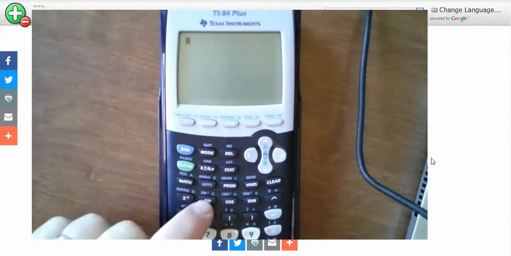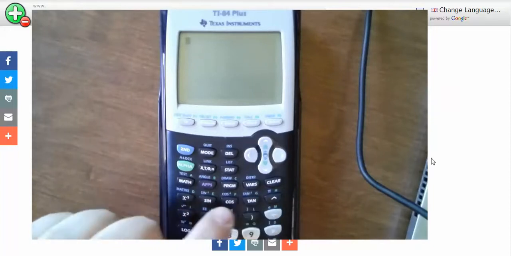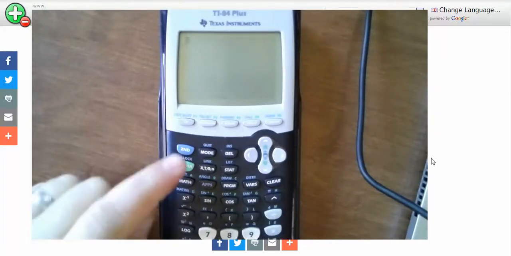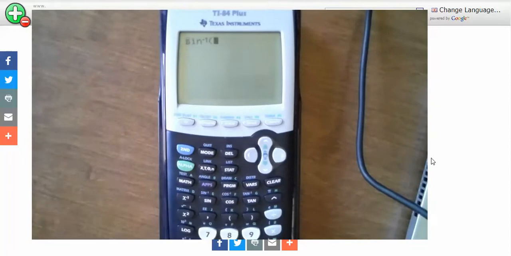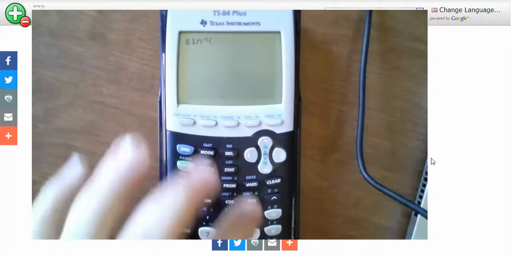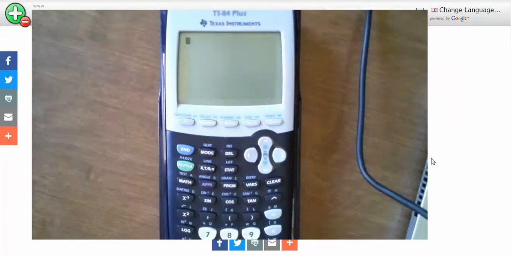If you look just above those, you can see sine inverse, cosine inverse, and tangent inverse, those negative ones. So in order to get to those, I hit second and then sine inverse. And that's why it brings up that sine negative 1. Okay, same thing can be done on your phones as well. Many of you have a second button that brings up a second screen, which once again has the sine inverse, cosine inverse, and tangent inverse buttons.